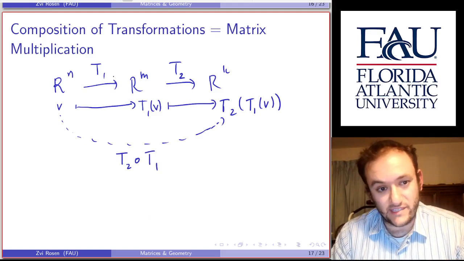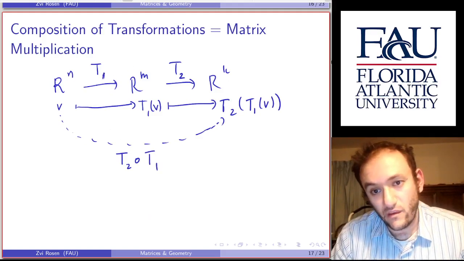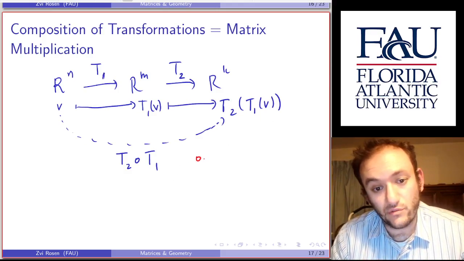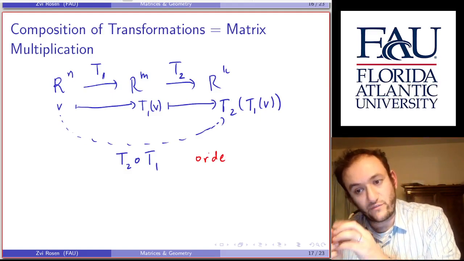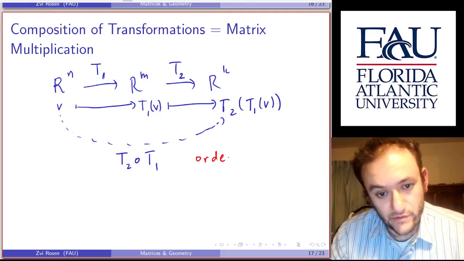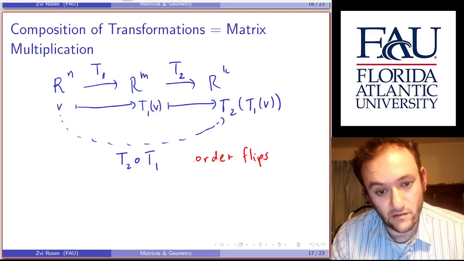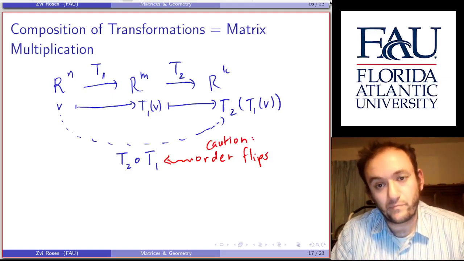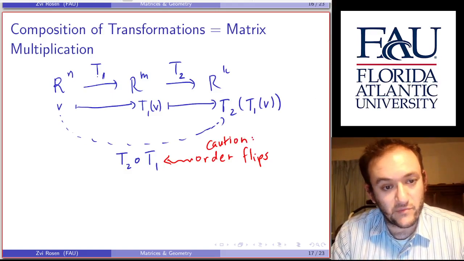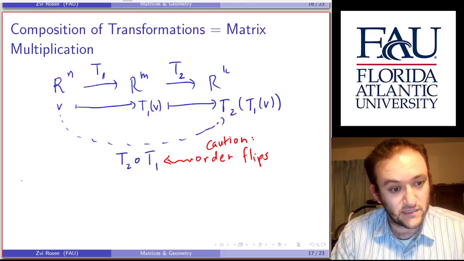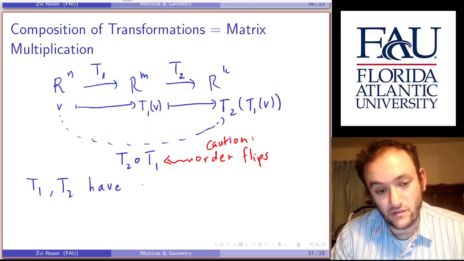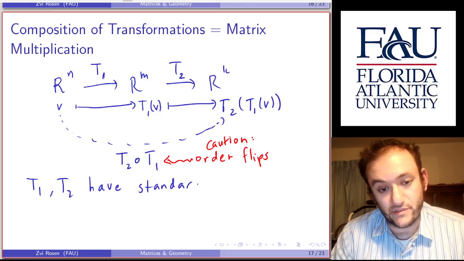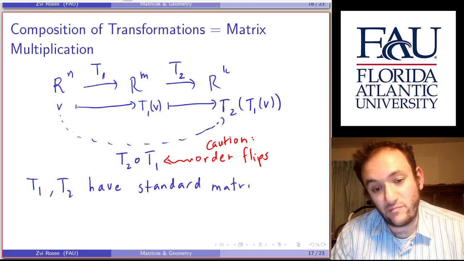You'll notice that even though you do the map T1 first, you list it to the right because you want it to be closer to the vector. You do the ones closer to the vector first, and you move out as you go. So order flips. Just be careful about that. Caution. I know that I can represent transformations as matrices, so T1 and T2 have standard matrices, let's call those M1 and M2.